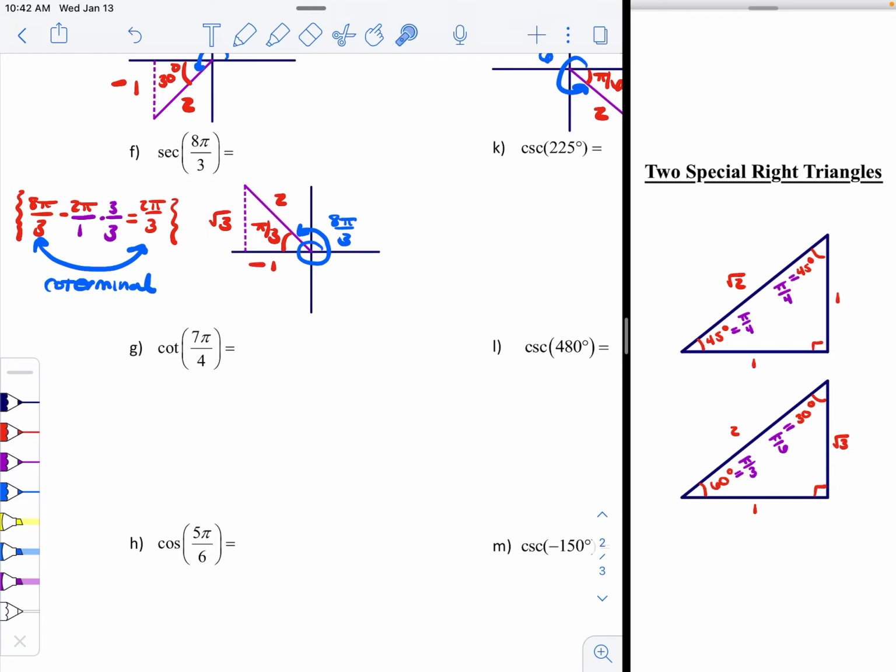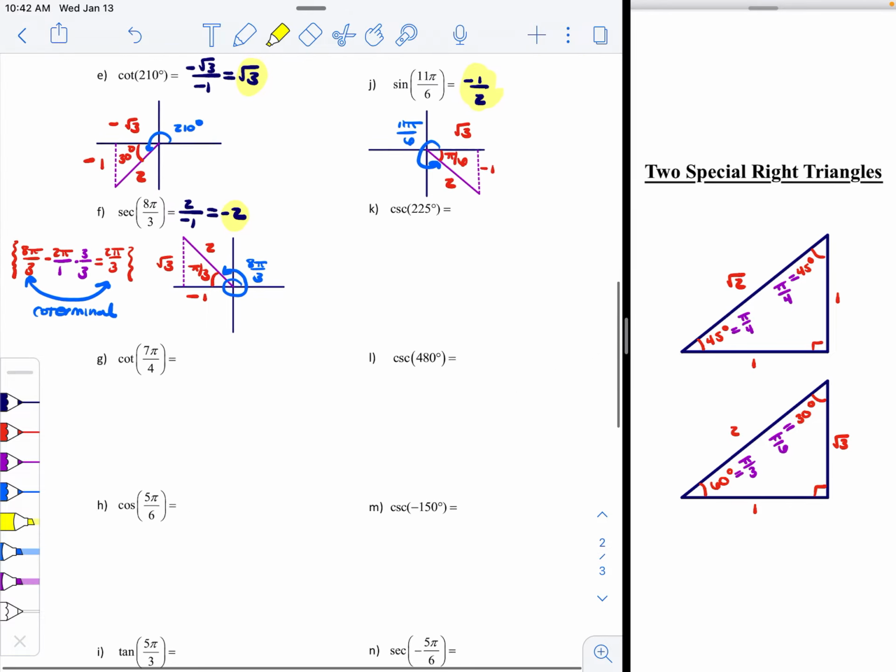All right, using that special right triangle again, with pi over 3 as our reference angle, our adjacent side is 1, our hypotenuse is 2, and our opposite side is root 3. We're in quadrant 2, so x is negative and y is positive.